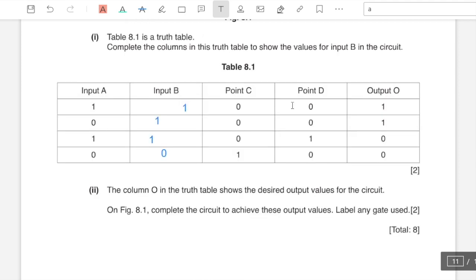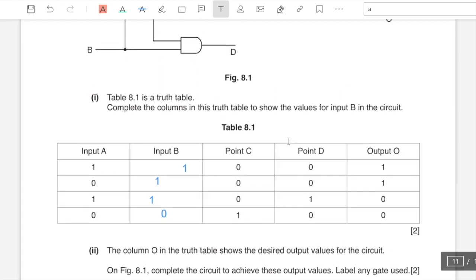2. The column O on the truth table shows the desired output values for the circuit. On figure 8.1, complete the circuit to achieve these output values. Label any gate used. Okay, so as we can see over here, this is also a NOR gate, because the only output in which we have 1 over here is when both of the inputs are 0, the complete opposite of an OR gate, because 0 1 is also giving 0, 1 0 is also giving 0, which in the case of OR would have been 1 and 1 over here, 0 and 0.